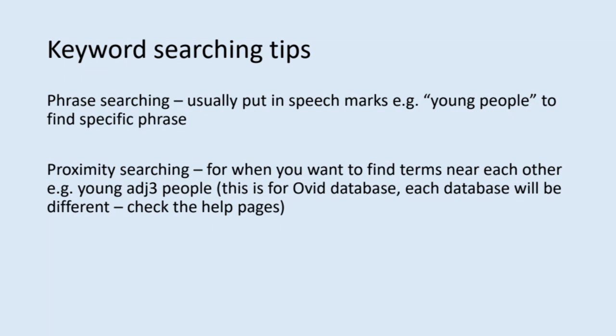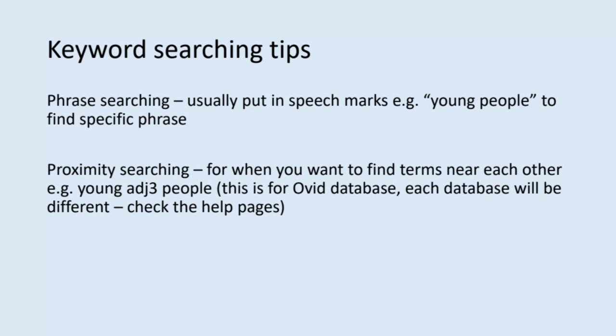It would find all results where the word young is within 3 words of the word people. It's a bit more stretchy than "young people" in quote marks, which is that exact phrase, those two words in that order. Young ADJ3 people will look for those two words in any order within 3 words of each other. So it's going to broaden slightly compared to the phrase search, but it is definitely more narrow than just putting those two words next to each other in your search strategy.